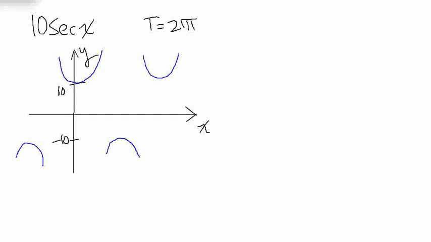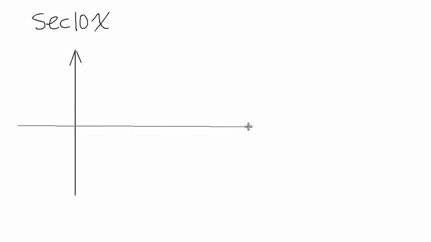Now, what about the graph and period of the secant of 10x? Okay, so how is the period going to be affected by the 10 in that position? Let me show you what the graph would look like.